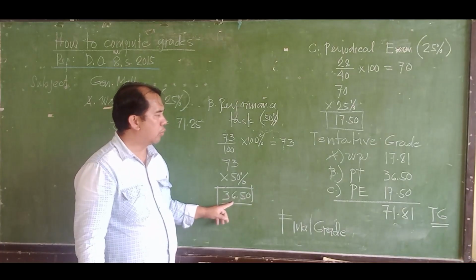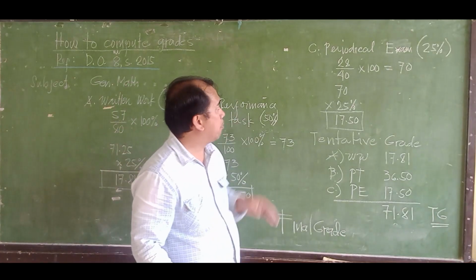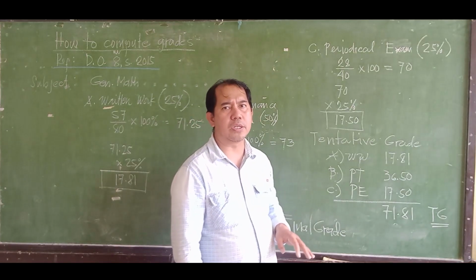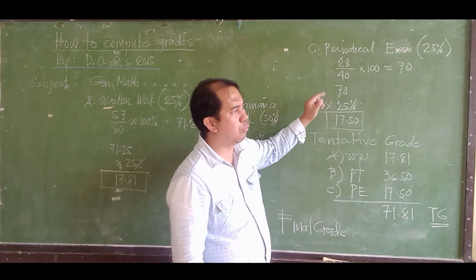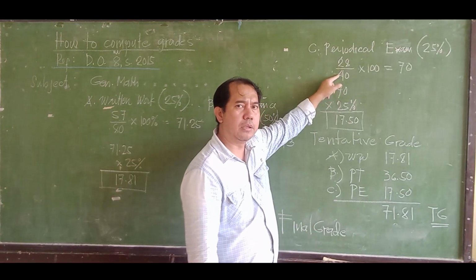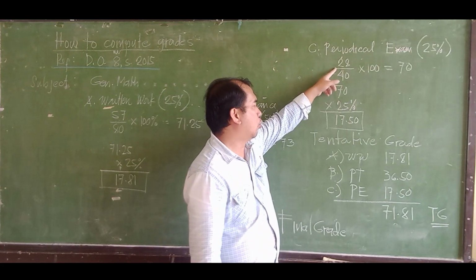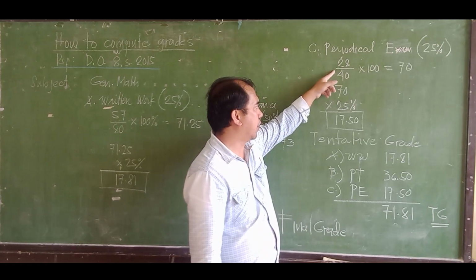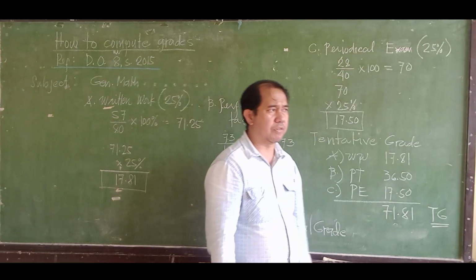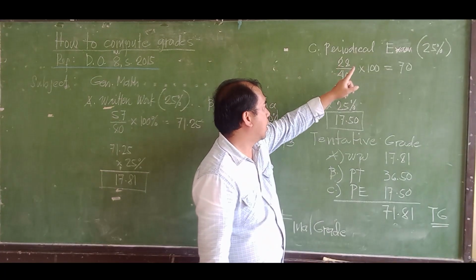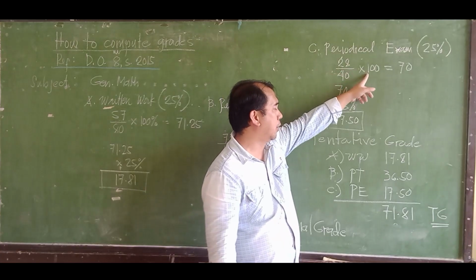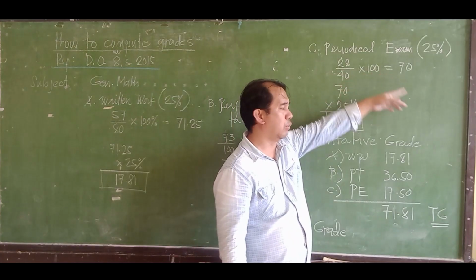Okay? Now, to get the periodical exam, assuming that you took a periodical exam that is over 40, you got 28 over 40. So 28 divided by 40 is 0.70, multiplied by 100, it will give you 70.